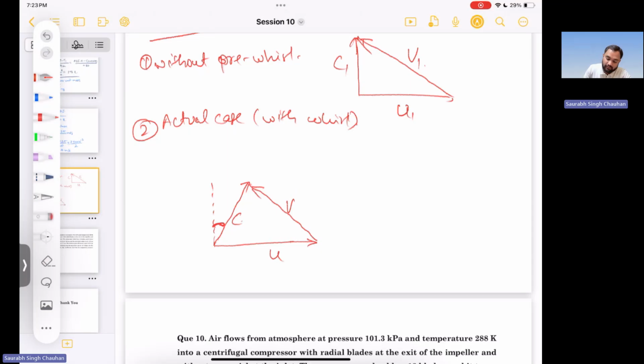This is the angle of prewhirl, which is 25 degrees in our case.